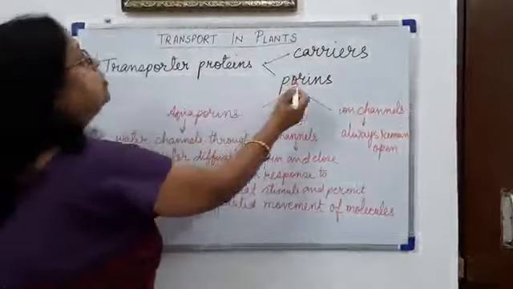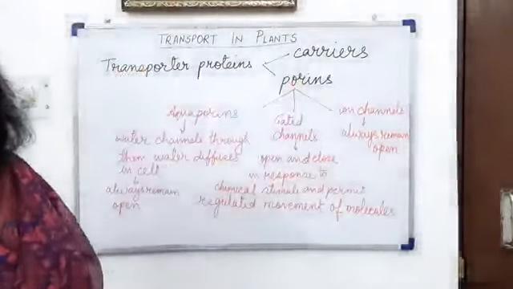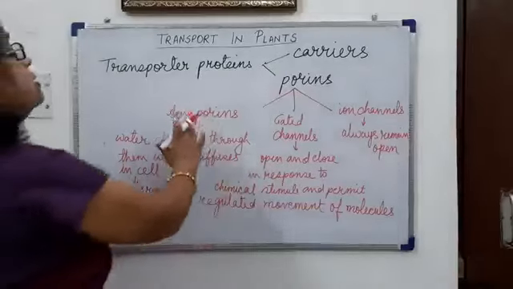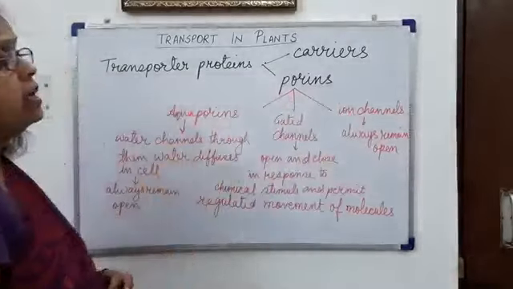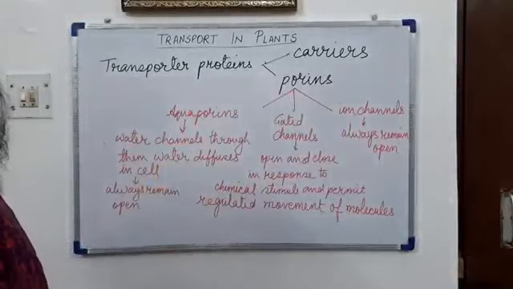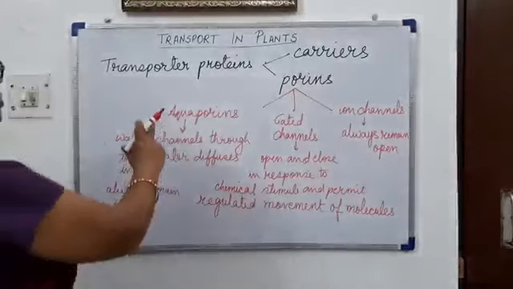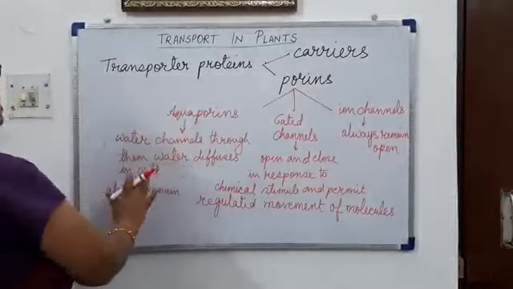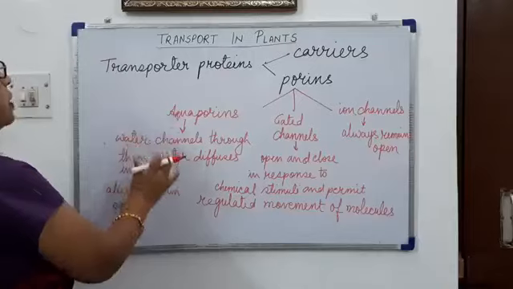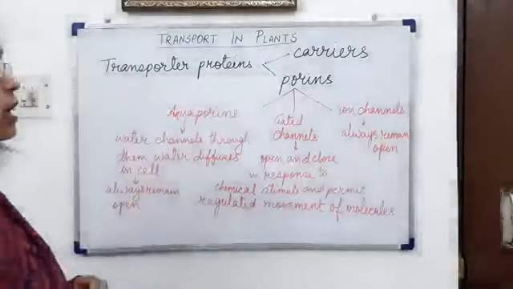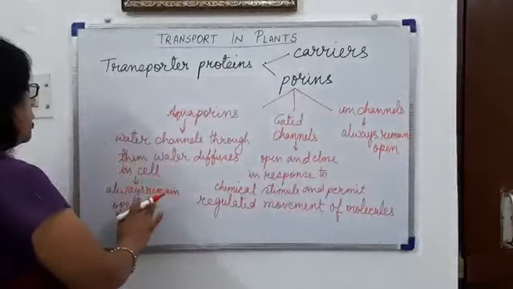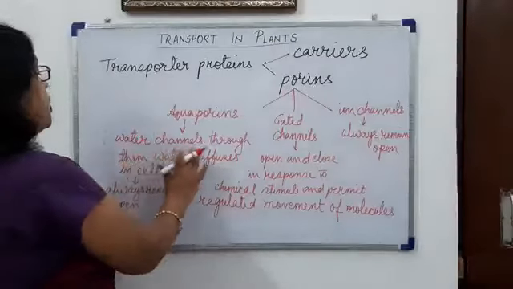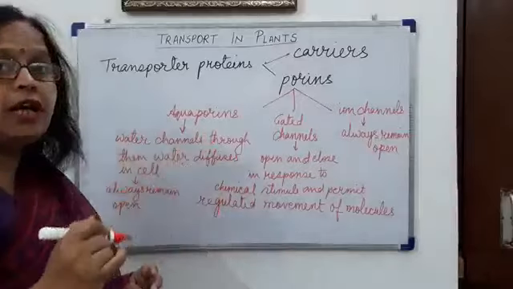Now, porins are the protein bound channels, and there are three types of channels formed by the porins. The first one is aquaporins. These are channels made of proteins, and they always remain open and allow water diffusion into the cell.